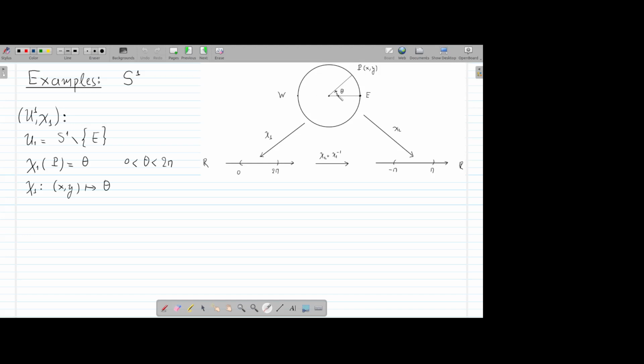And you can see that the eastern point here, E, has to be excluded, because as we move around and make a full circle, we arrive from the other side with theta having values equal to 2 pi, and this is not continuous. So the point E has to be excluded from this chart. Otherwise, the chart is behaving very well.